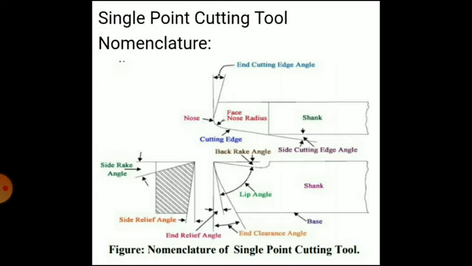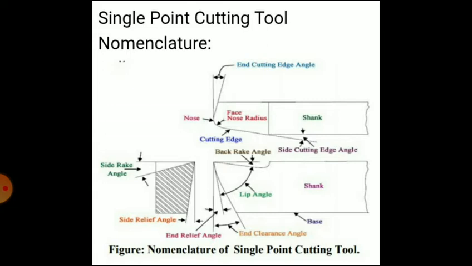In the front view, you can see at the top the back rake angle, then the end relief angle. In the top view you can see the side cutting edge angle and end cutting edge angle, then the different elements: shank, face, nose, and cutting edges.